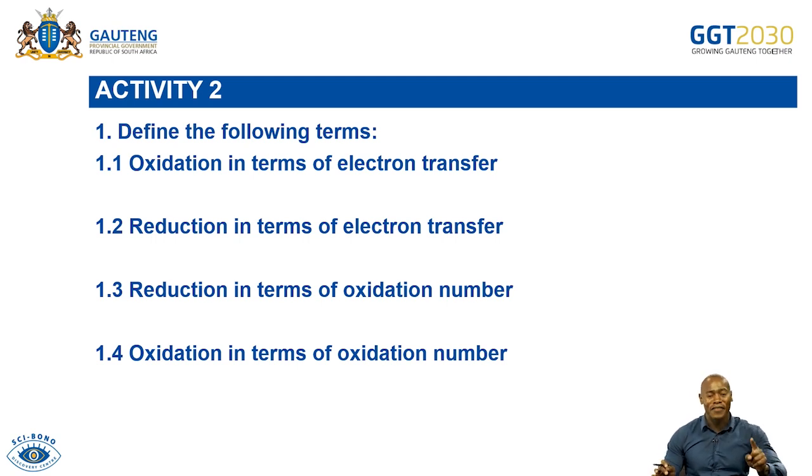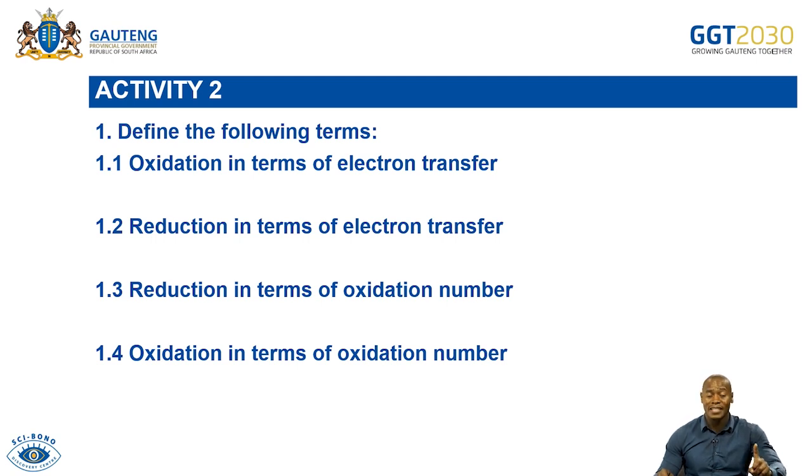They have to say define oxidation in terms of electron transfer, or define oxidation in terms of oxidation number. I hope it's making sense. They cannot just say define oxidation, because you'll get confused whether you should define it in terms of electron transfer or in terms of oxidation number. But if they say define oxidizing agent, you can't get confused, right?